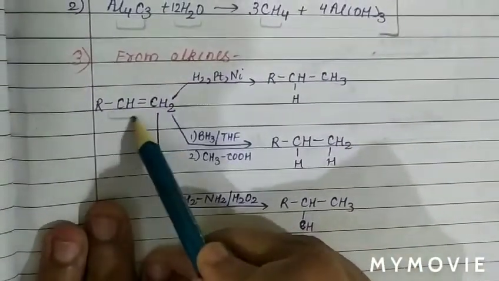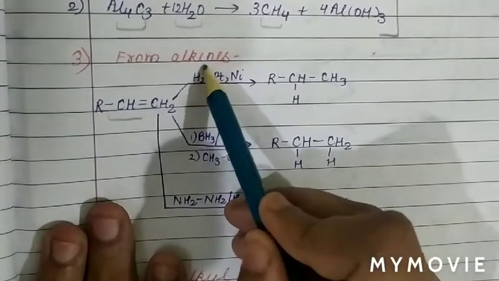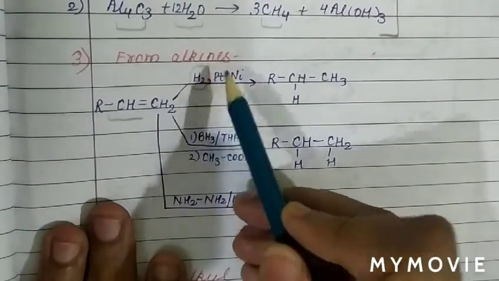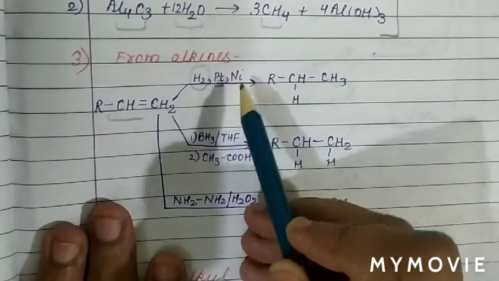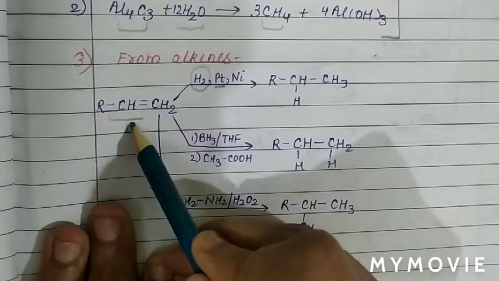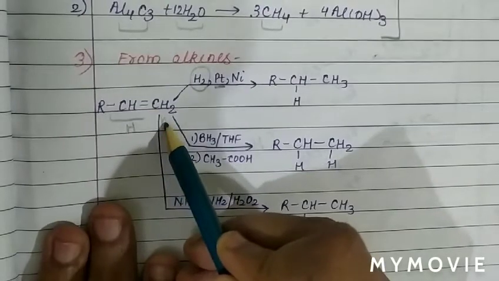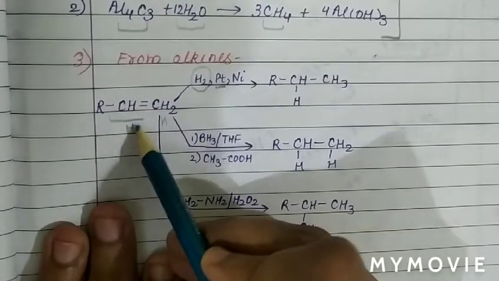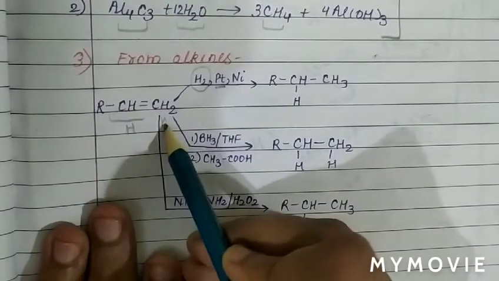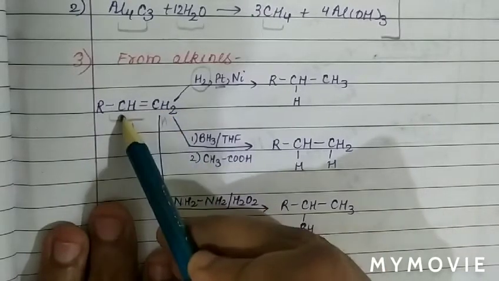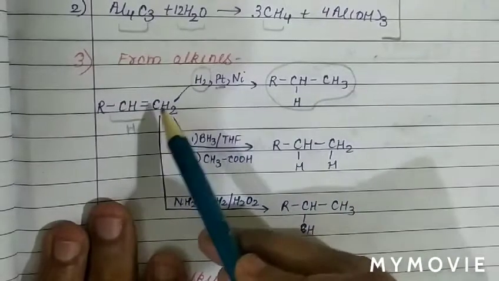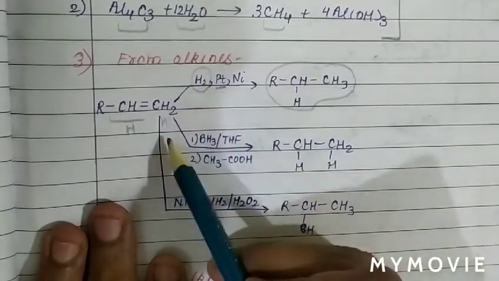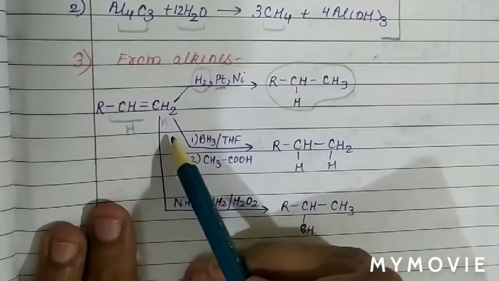This is the alkene, and when we add hydrogen in presence of platinum or nickel, there is addition of hydrogen and the double bond will convert into single bond. One hydrogen is added to this carbon and one hydrogen is added to this carbon. Now the alkene is converted into alkane. This reaction we call hydrogenation reaction.